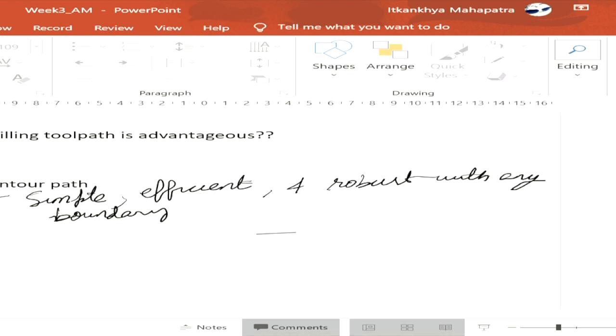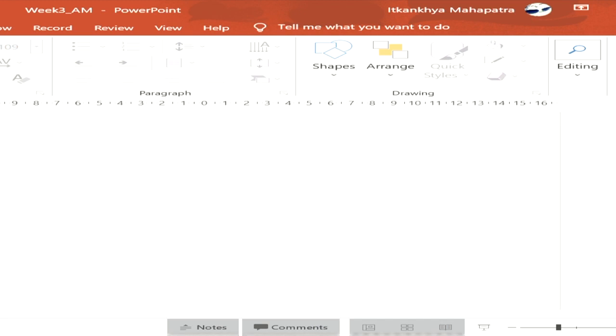Now we have different types of raster: X raster, Y raster, and XY raster.